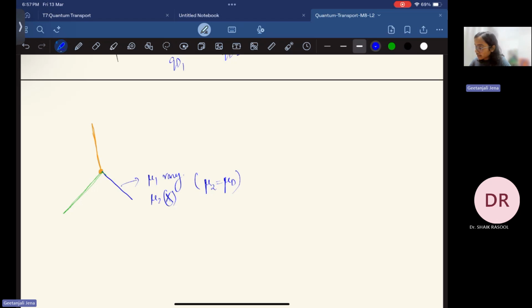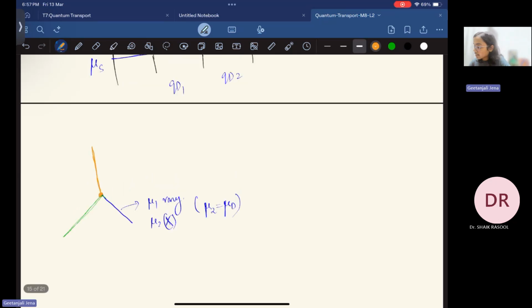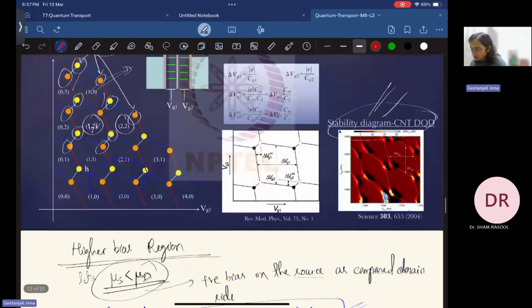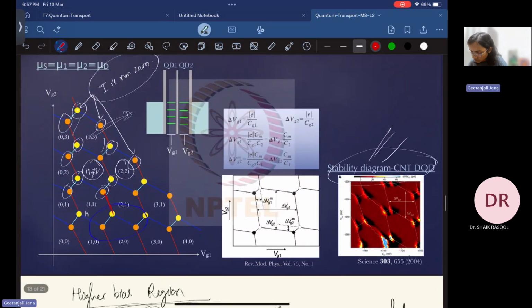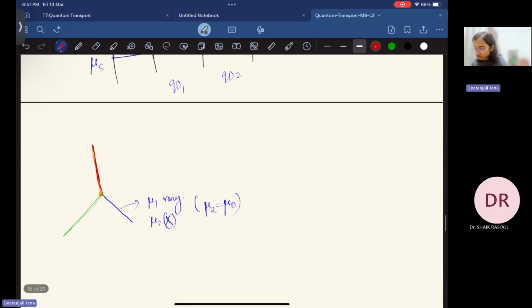And if you look at the orange line, for this case, I think there is a red line, so orange, right? Yes, there is a red line here. Now we have a blue line and the green line. So for the red one, the mu1 is not varying, but mu2 is changing. So that means for this case, mu1 is aligned with mu_s.